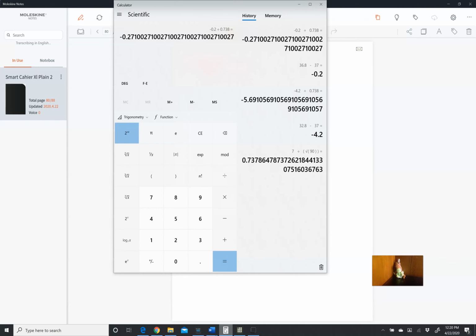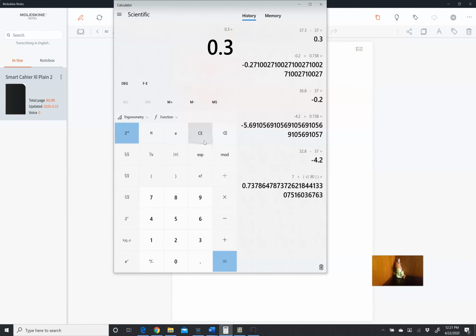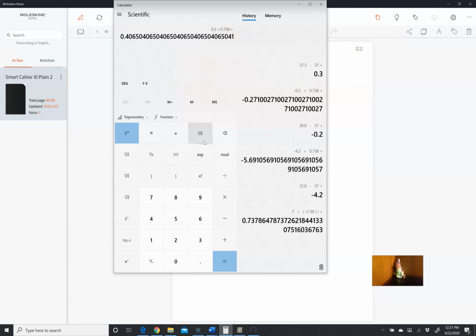Okay. And now we're going to do the same thing for the other z-score, which was 37.3. So 37.3 minus 37 over 0.738. We get 0.41.